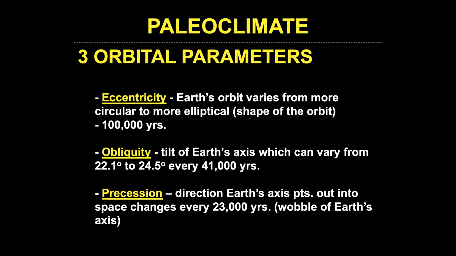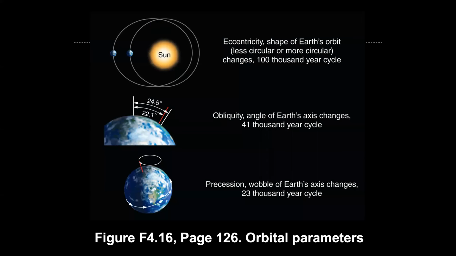The only way I can think of explaining it is what happens when you spin a top. Eventually that top is nice and tight, but then it begins to lose its energy and wobble. That wobble is called precession. So these are the three orbital parameters that we will deal with: eccentricity, circular versus elliptical; obliquity, the change in the angle of the Earth's axis tilt every 41,000 years; and the wobble, or precession, making seasons much more difficult to predict.